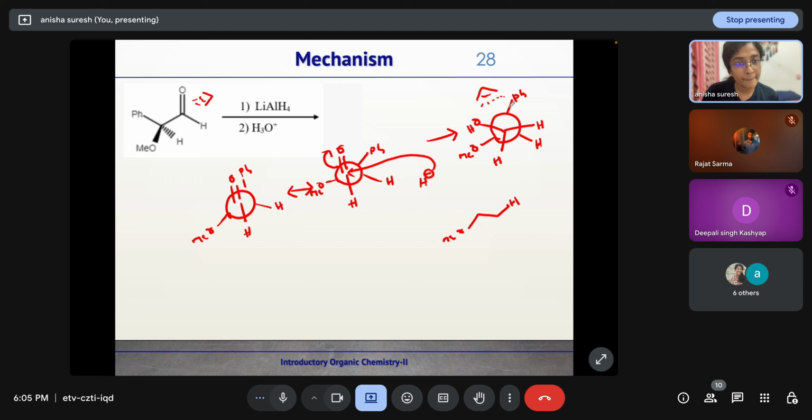and Ph is coming above the plane, hydrogen is coming below the plane, and this hydroxyl is coming above the plane, right?